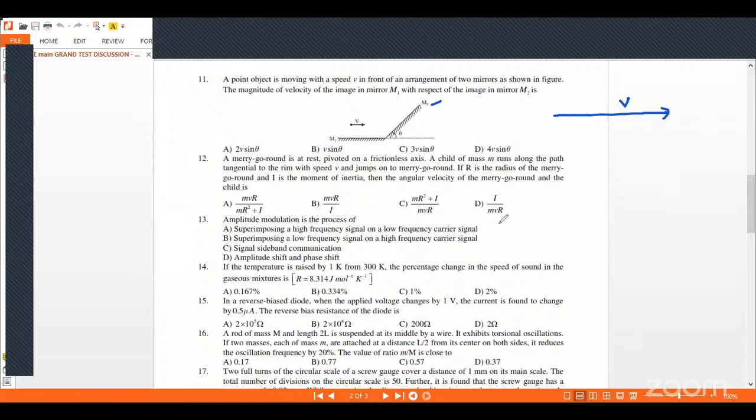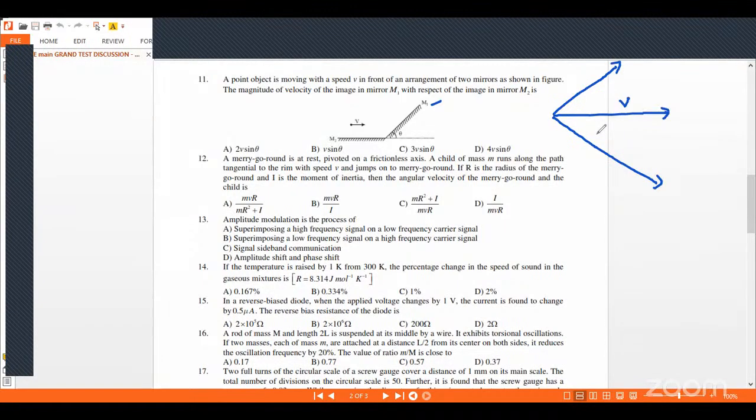Now, along x-axis or along y-axis, the angle between velocity of image 1 and 2, you can see, it is like this.